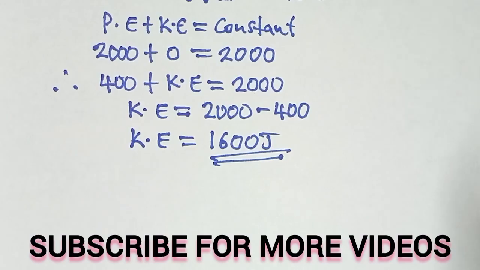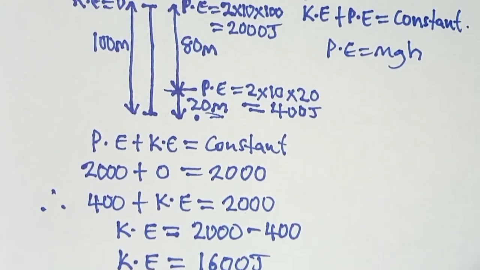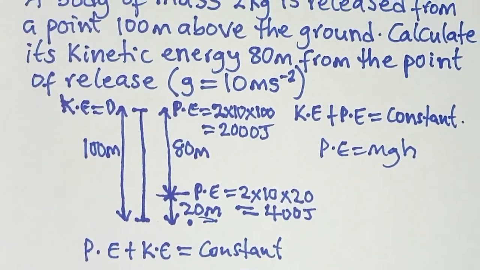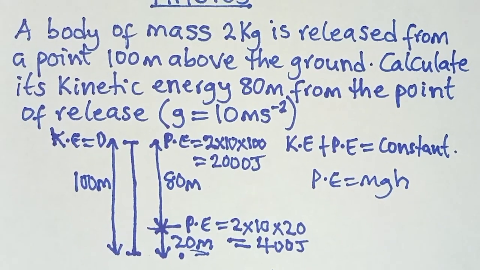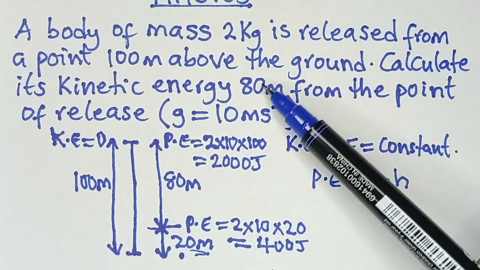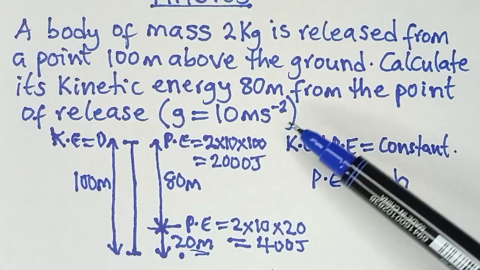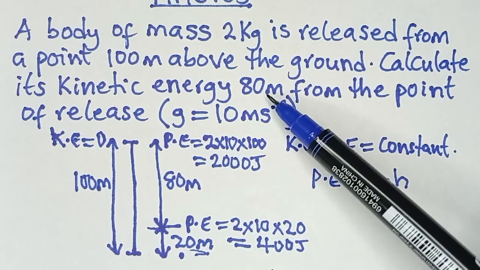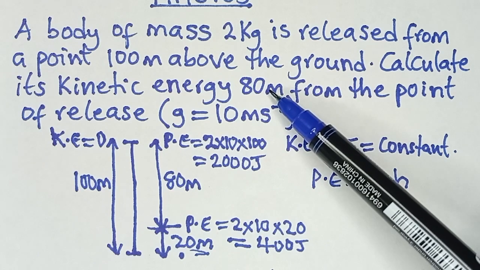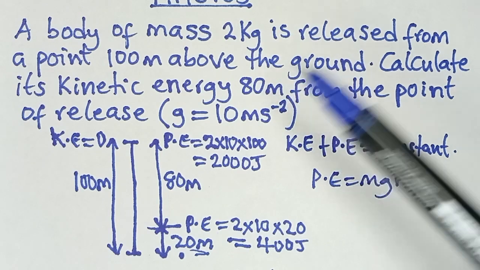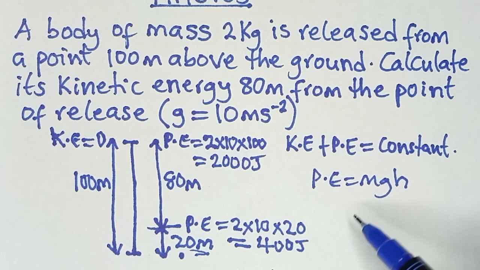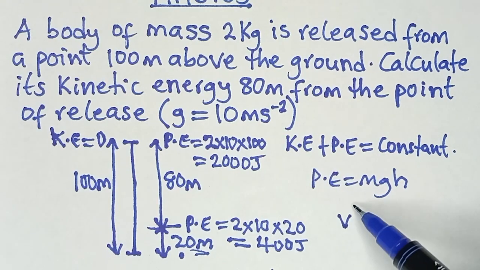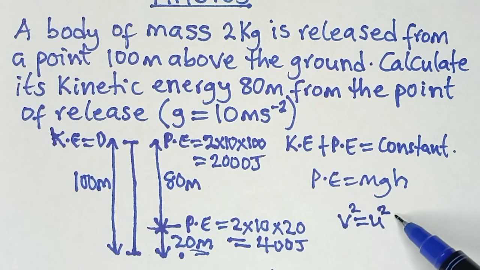But let me just try to re-emphasize one important point so that I'll ask you to try it out and let me know your answer in the comment section. You can calculate by using equation of motion. You can calculate the velocity at the 80-meter level. You can use the equation of motion. And the right equation of motion to use is v squared is equal to u squared plus 2gh.